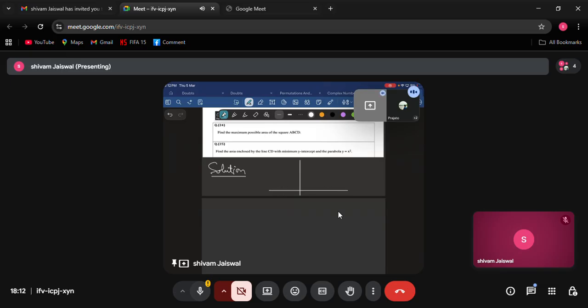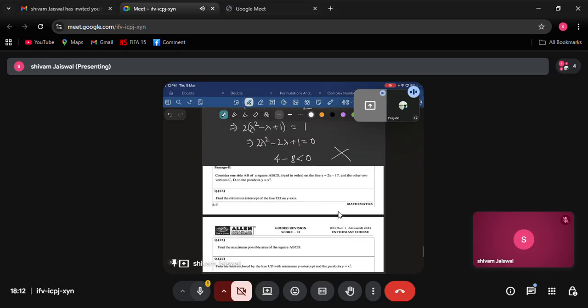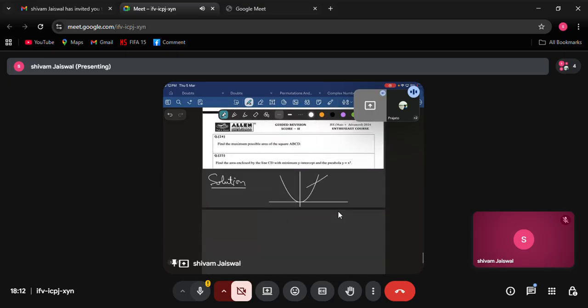So this is the parabola, y equal to x square. And y equal to 2x minus 7. What is the slope? Slope is 2. Y intercept doesn't matter over here.